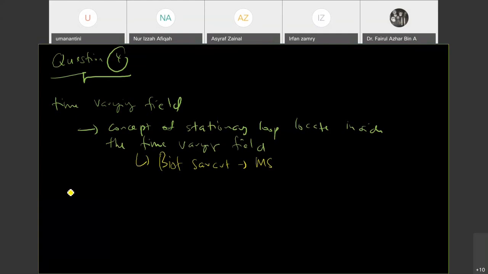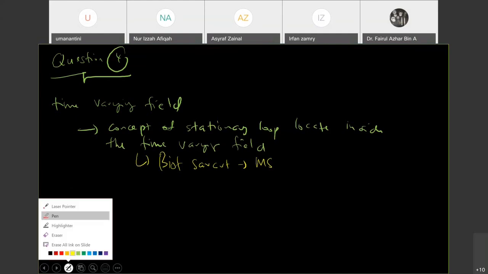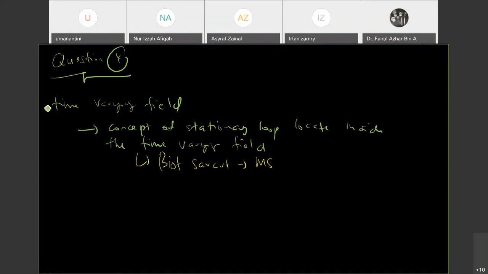The second thing that will be asked in this question is about the concept of a moving loop located inside a stationary field.